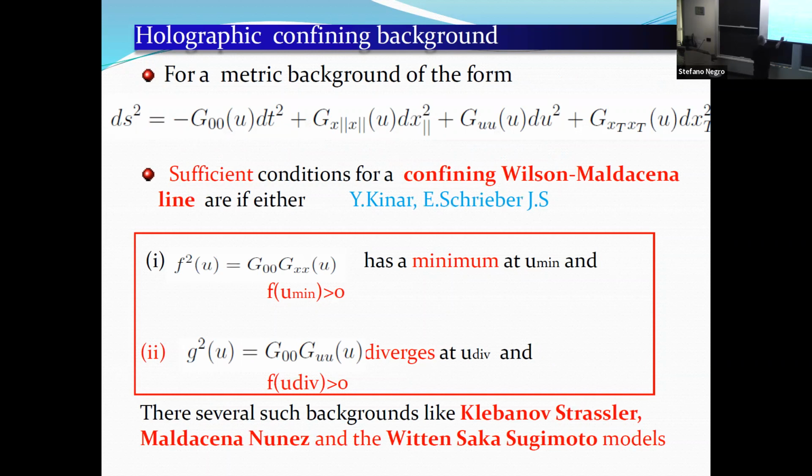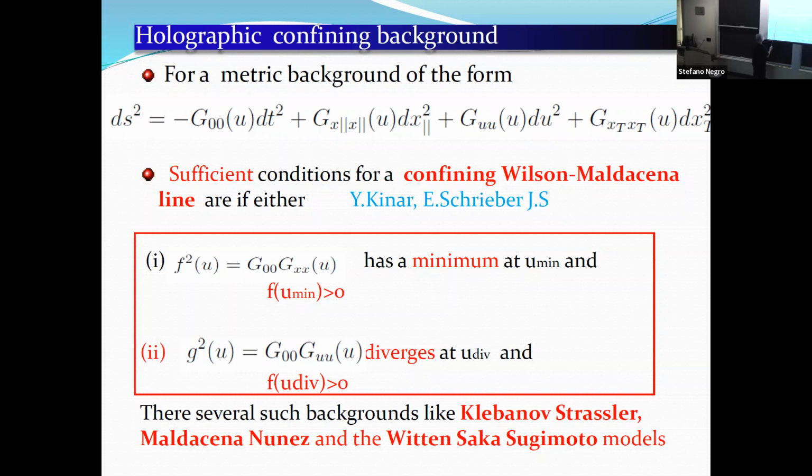So if you start with a general background, where these are the space-time directions, this is the holographic direction, and these are transverse directions, then we found out that there are two sufficient conditions.